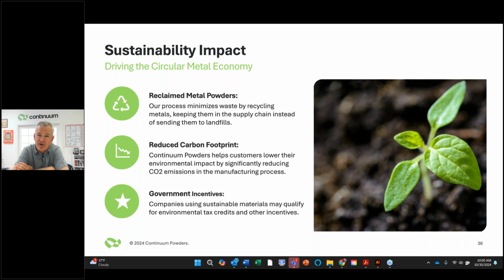So the ability to partner and bring this solution in conjunction with either OEMs or service bureaus or any of the additive machine OEMs that are obviously going in this direction provides a win-win for everyone that's joining in this revolution.